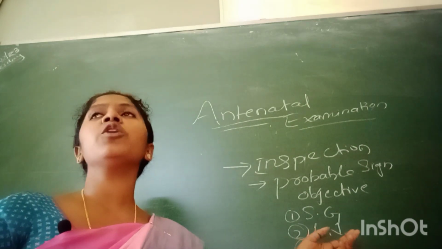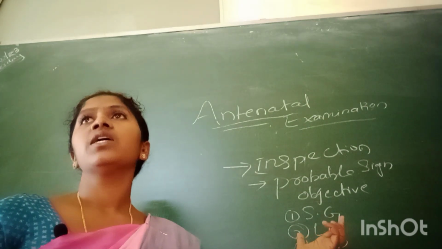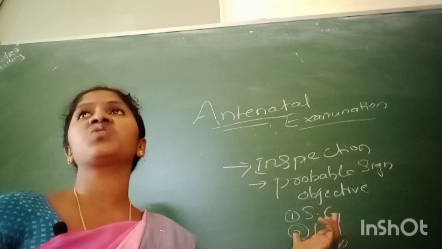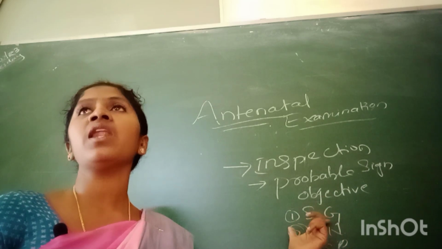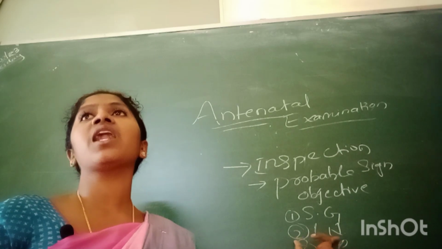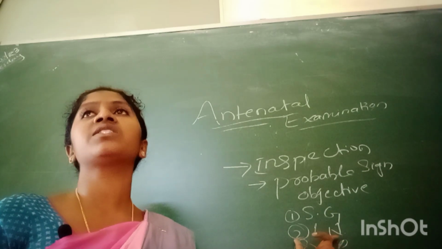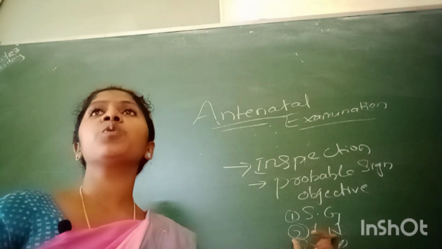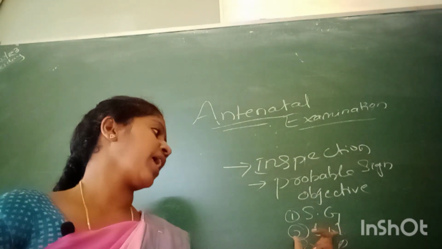You all know what you mean by stria gravidarum. Stria gravidarum, the pink stretch marks on the pregnant woman's abdomen. And linea nigra, the straight pigmented line extending from the xiphisternum to the symphysis pubis is called linea nigra.